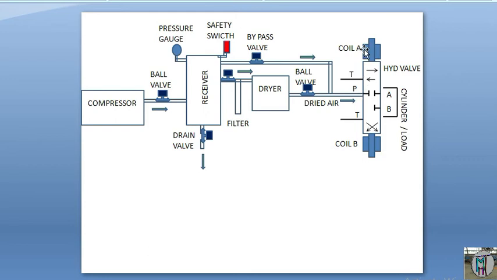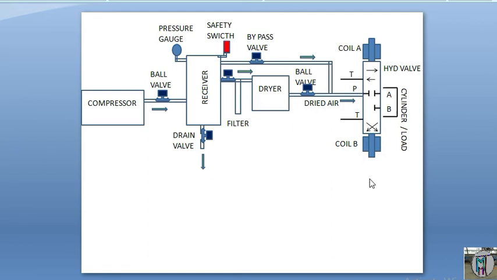When we give current in coil A, P will meet A, your system will move, and B will meet T, because air we cannot gather in our tank, so it will go to the atmosphere.